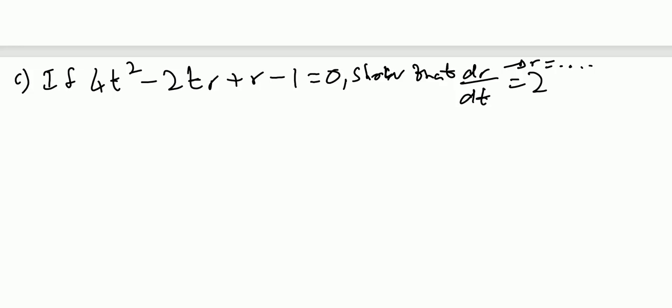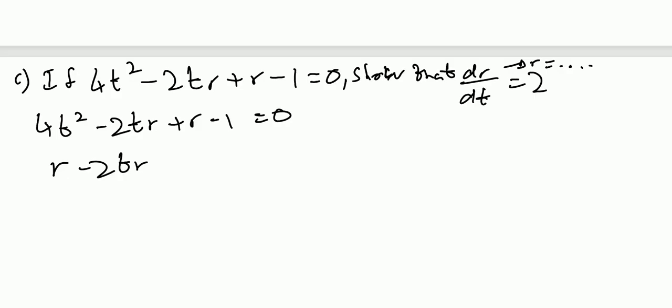So we can see from our equation, we can factorize. Let's do this. In simple ways, we can say we have 4t squared minus 2tr plus r minus 1 being equal to 0. So we can transpose. We can say we have r minus 2tr is equal to 1 minus 4t squared.